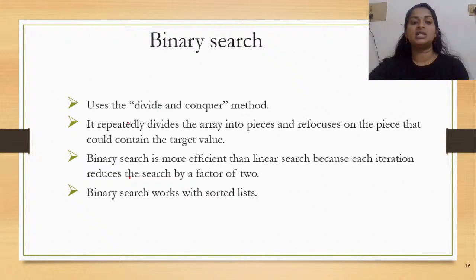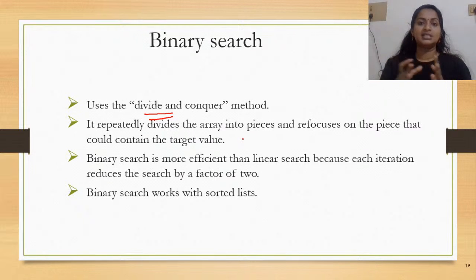Now, to reduce the time, it uses the technique of divide and conquer method. Now, how it does it? Let's see. So what it does is it repeatedly divides the array or the linear list in our case into pieces.